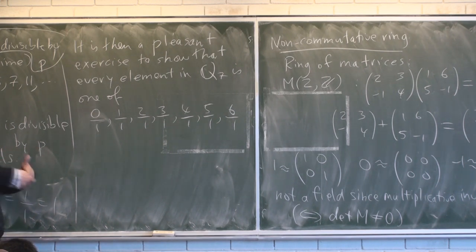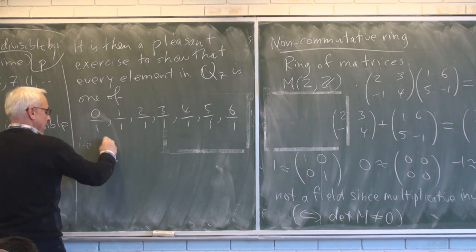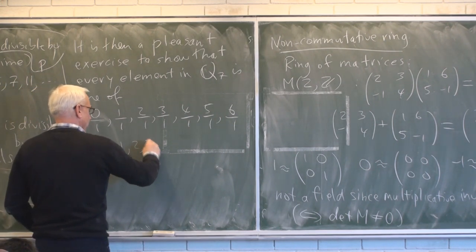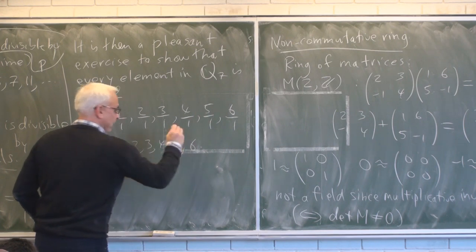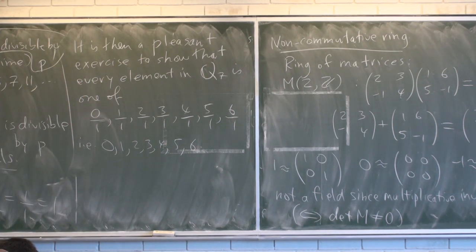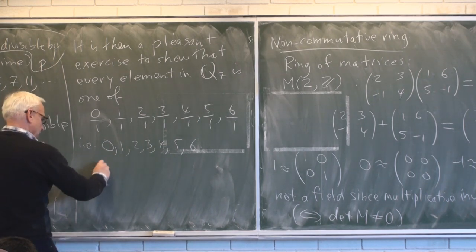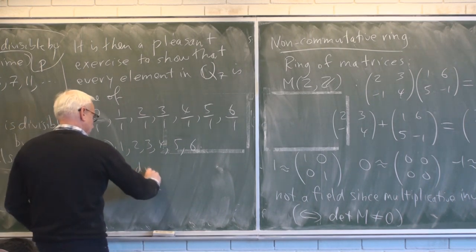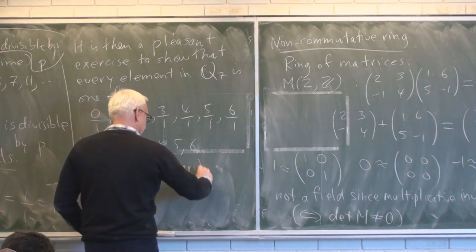Which we can, if we want to, think of rather just as the numbers 0, 1, 2, 3, 4, 5, and 6. And this way we recover modular arithmetic.